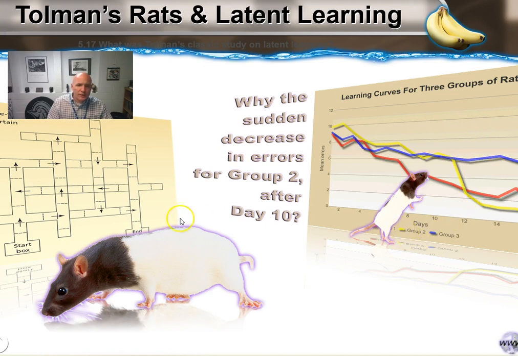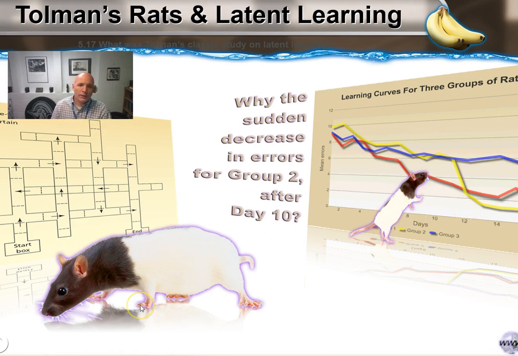Group 2 was the experimental group. The independent variable was being rewarded halfway through the trial. What they found is in group 2, halfway through the trial, when they started giving rats reinforcement, their times got significantly faster. So they became even faster than group 1.